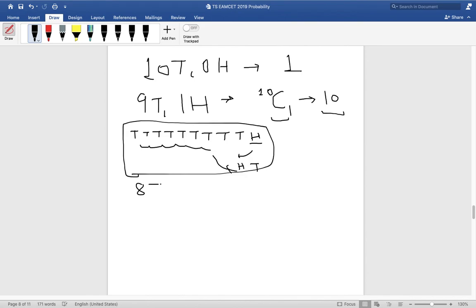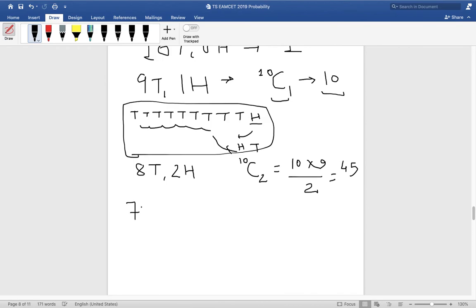Now 8 tails, 2 heads. This will be 10C2. What is 10C2? 10 times 9 times 8 factorial divided by 2 times 8 factorial. So 5 times 9, right? 10 times 9 by 2 is 45. Now 7 tails and 3 heads. Again this will be 10C3.